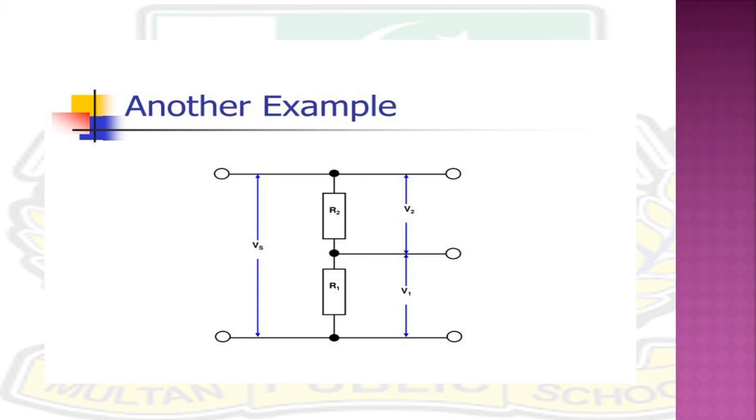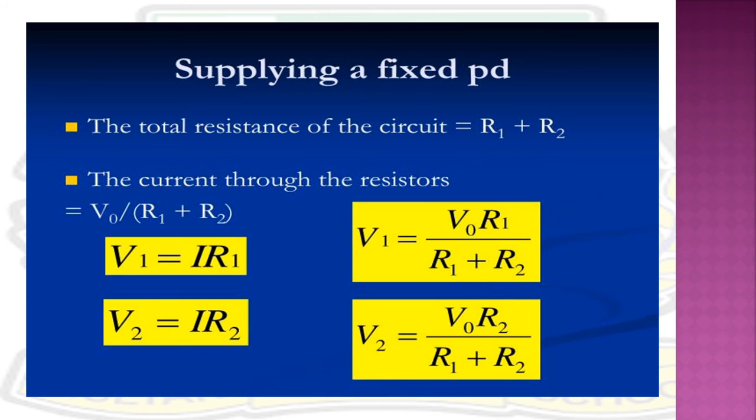Here is another example. You can see the arrangement of the circuit, R1 and R2. V1 is the voltage across R1 and V2 is the voltage across R2. Now we have to see supplying a fixed potential difference. The total resistance of the circuit is R1 plus R2, and the current through the resistors is equal to V0 divided by R1 plus R2.